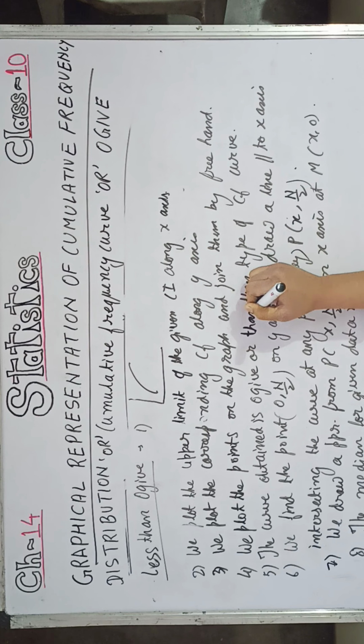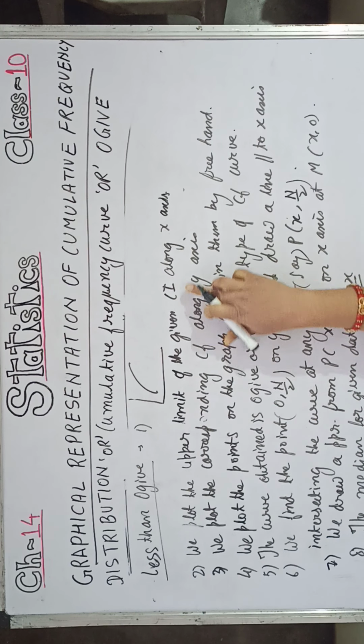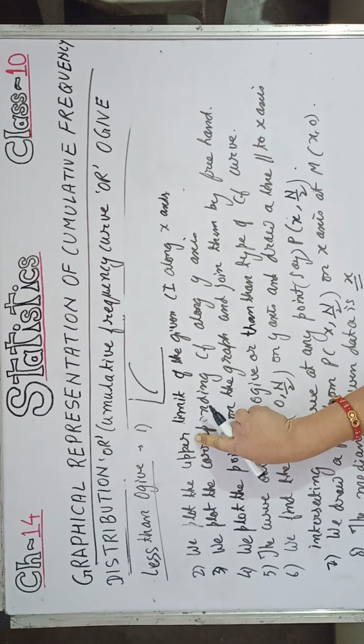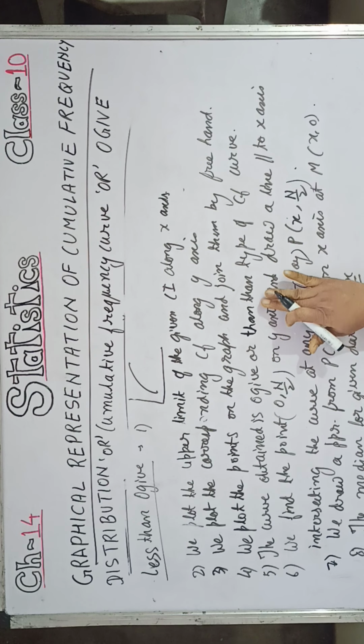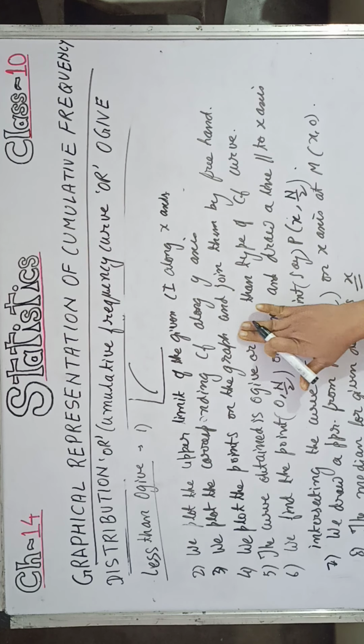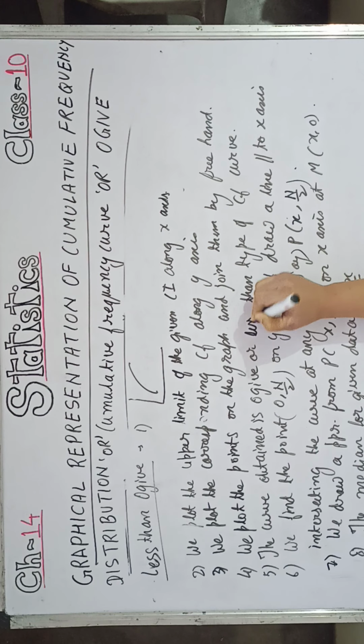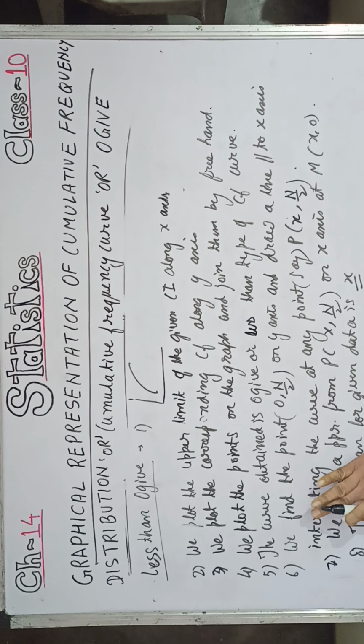So you can observe the difference between more than and less than: in more than we plot the lower limit, in less than we plot the upper limit.